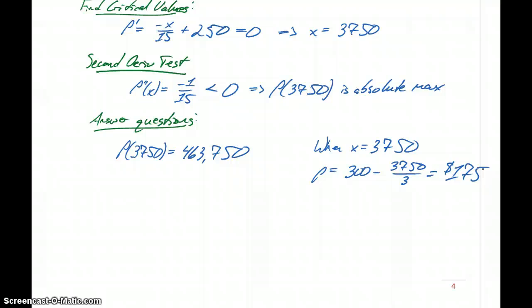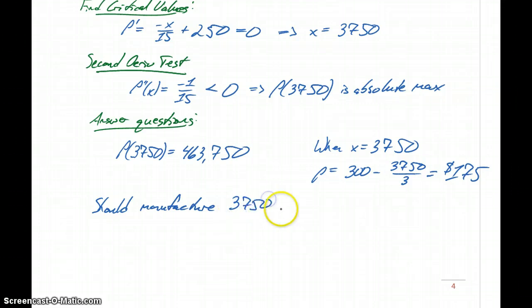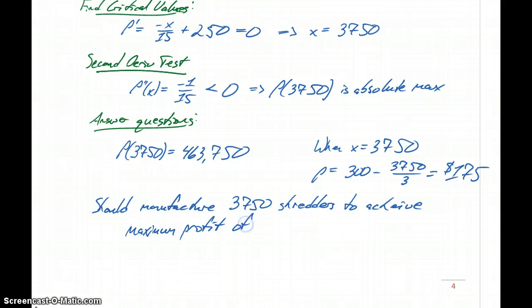So we should manufacture 3,750 shredders to achieve a maximum profit of $463,750 and charging $175 per shredder.